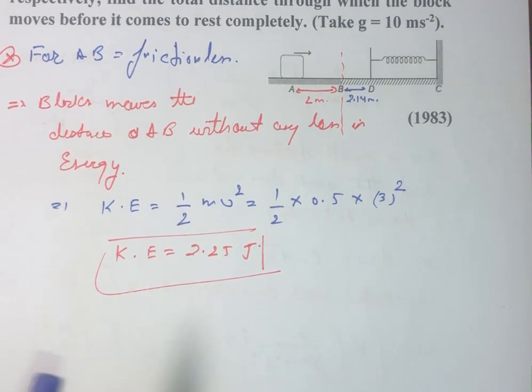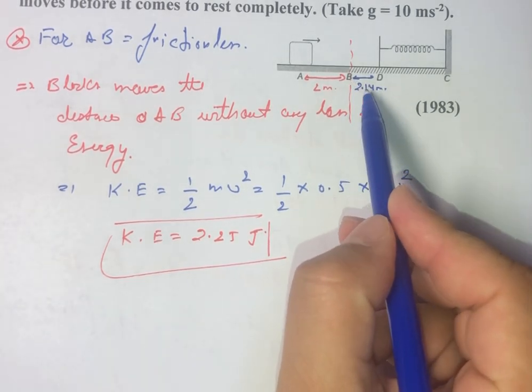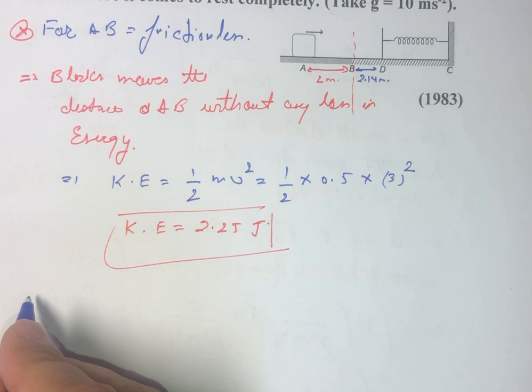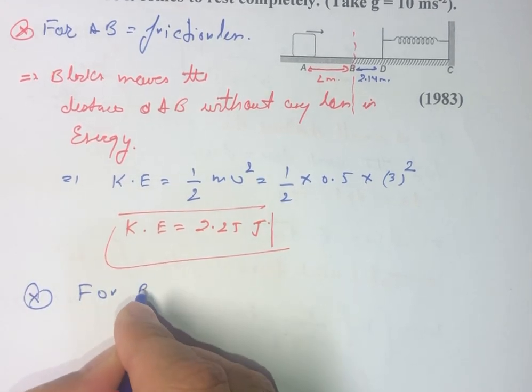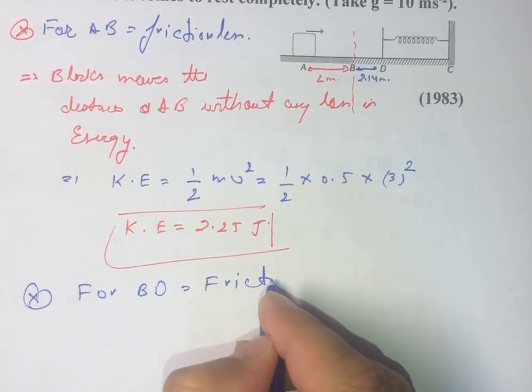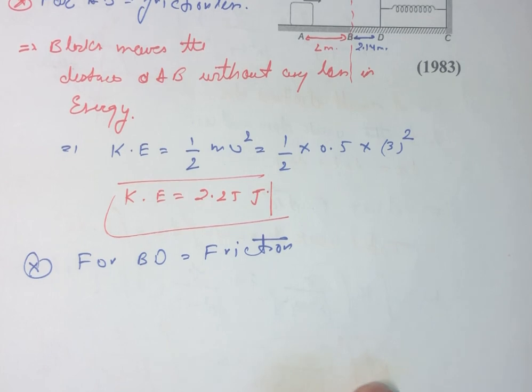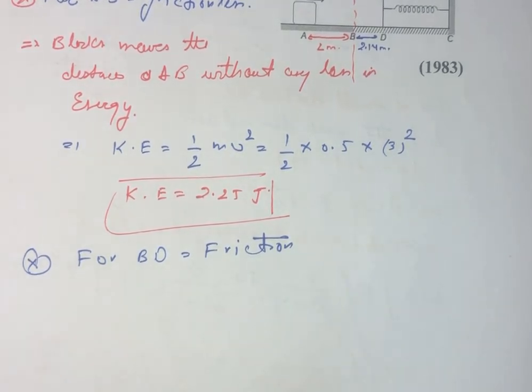Now we come to the second part. The distance traveled is BD, which has friction. So for BD, we can find the work done against the friction.